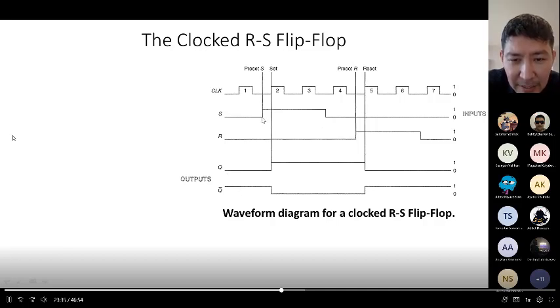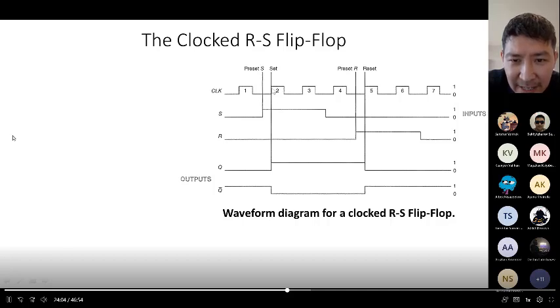Now consider the moment when set becomes high, and R is still 0. So we activated S, but if you look at the output, it does not change to high. It will change only when we apply a signal to the clock.